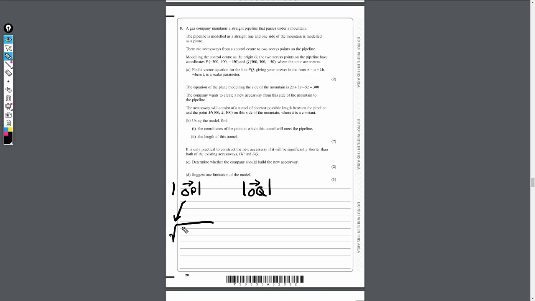Square root, minus 300 squared plus 400 squared plus minus 150 squared, and then take the square root of the full thing. Do the same now for this vector here, OQ.